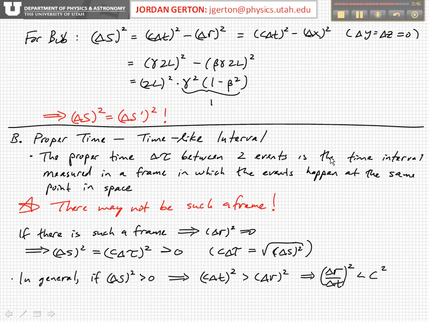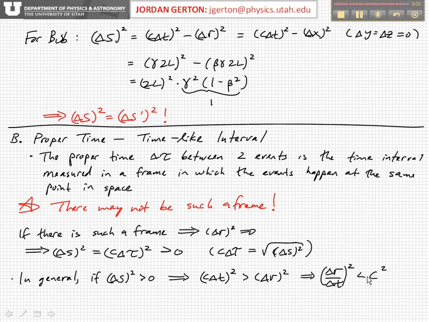Okay, so just to say that again, if delta S squared is greater than 0, then that implies, by the definition of the interval, that C delta T squared is greater than delta R squared. We can rewrite this as delta R over delta T, squared, is less than C squared.